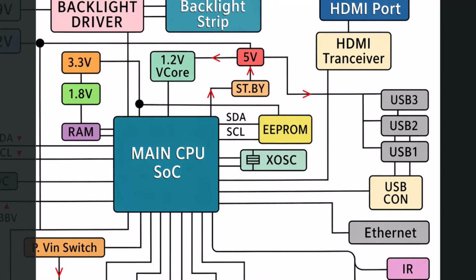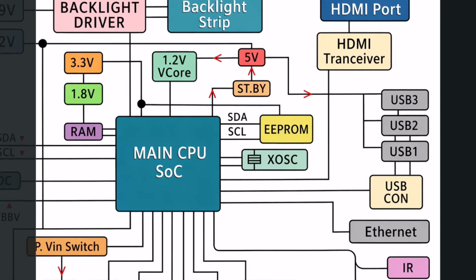Lastly, the TV needs a place to store its permanent memory, its firmware, your specific user settings, network passwords, and channel information. It needs to remember these things even when the TV is completely unplugged. This is the job of the EEPROM, electrically erasable programmable read-only memory.